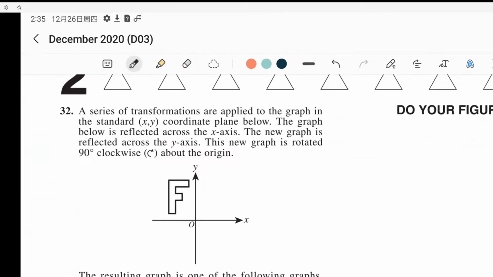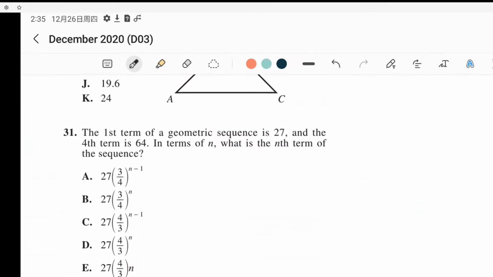So we're gonna do 31 because someone said that 31 is... Yes, 31 does not look like a problem that would typically show up.